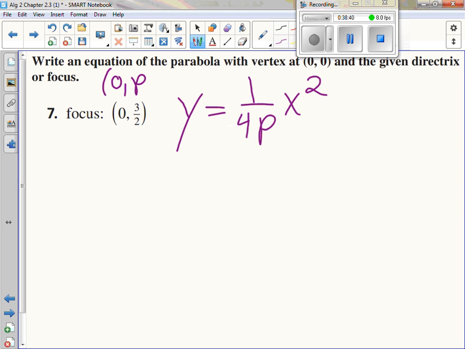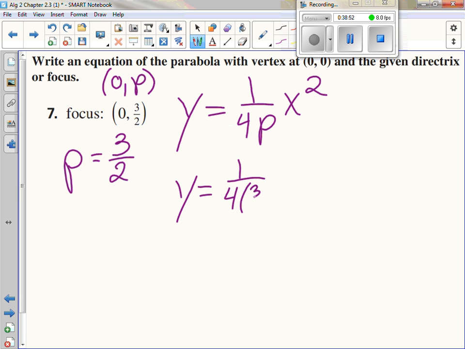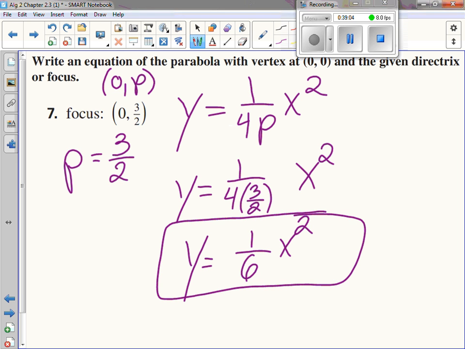So here, p is 3/2. Plug it in. 4 times 3/2 x squared. Well, 4 times 3/2 is 6. And that's it.